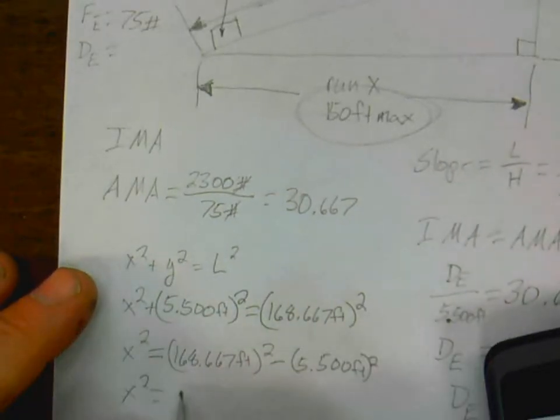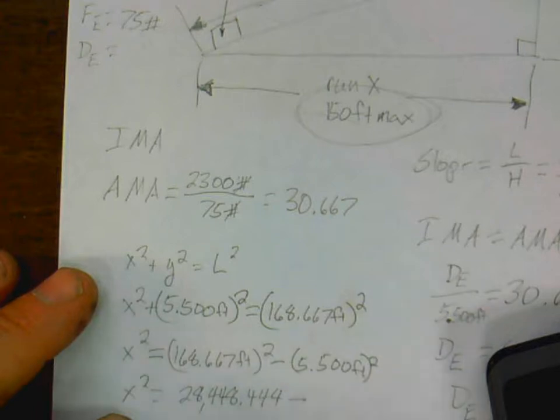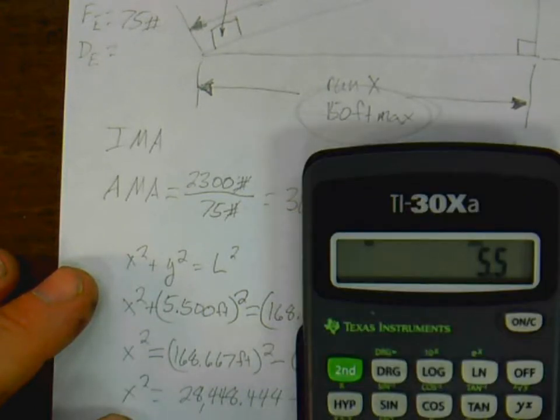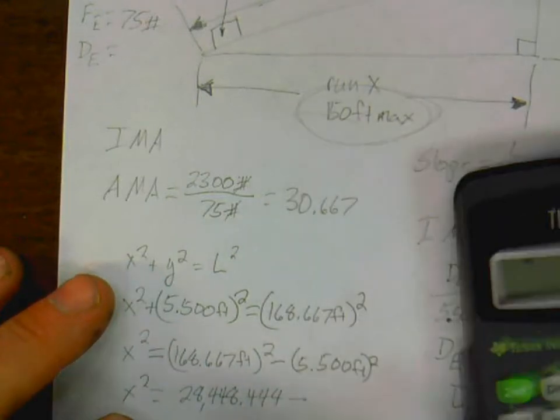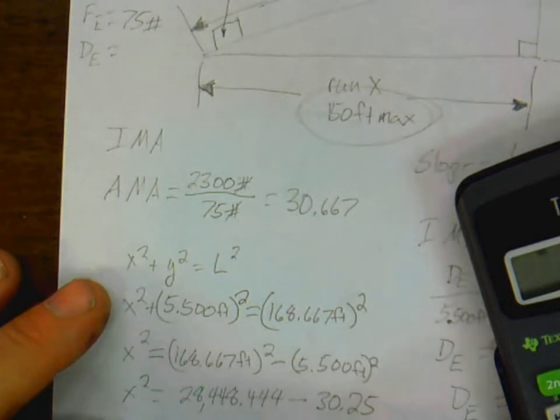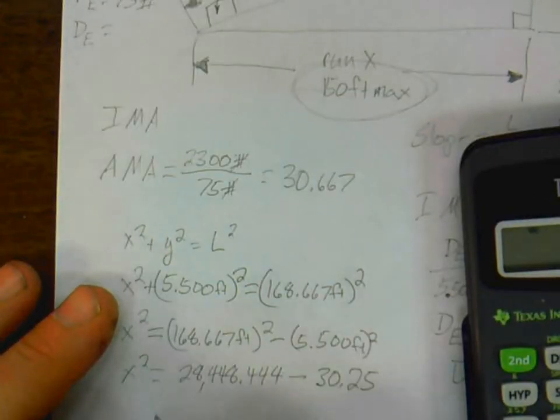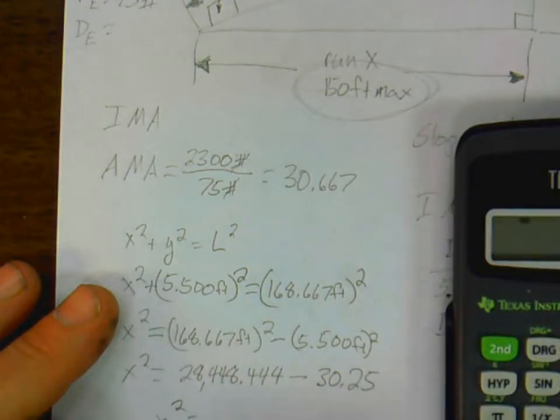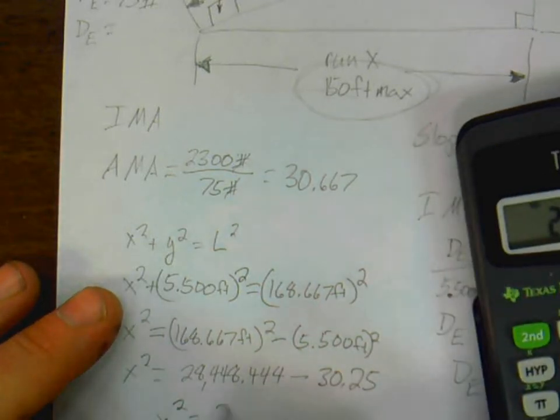Let's subtract these to get x squared: 28,448.444 minus 30.250 gives us 28,418.194. Now we take the square root of x squared and the square root of 28,418.194. The square root of x squared is x. Let's take the square root here.